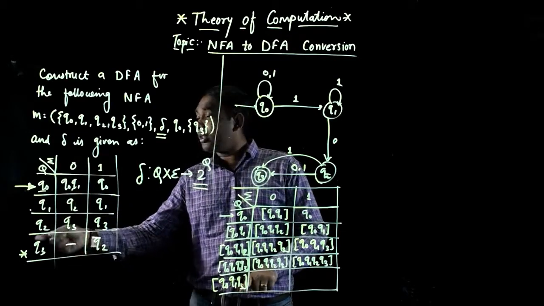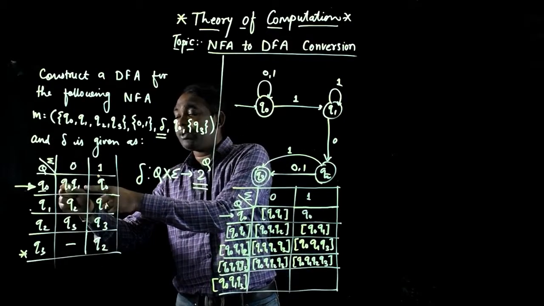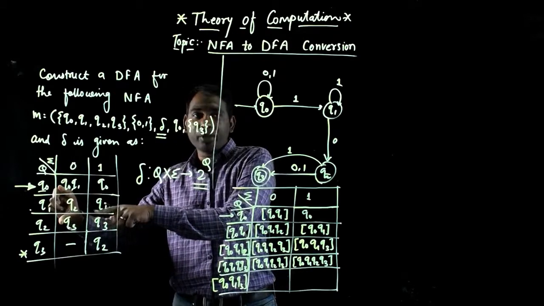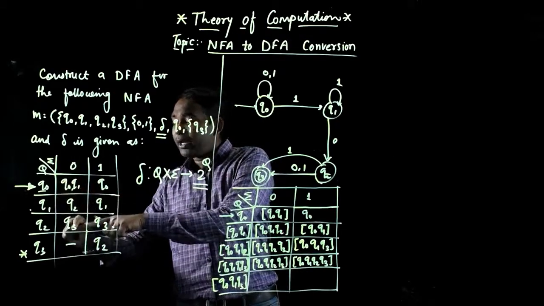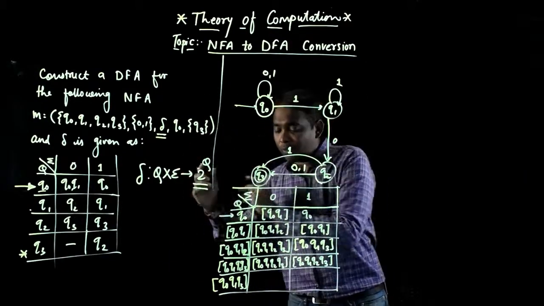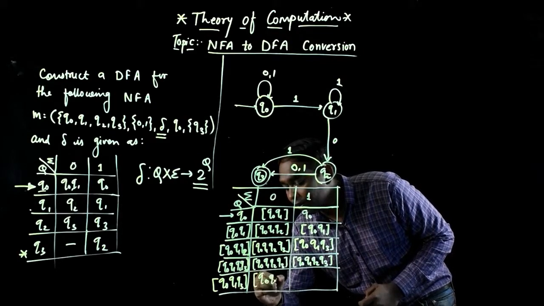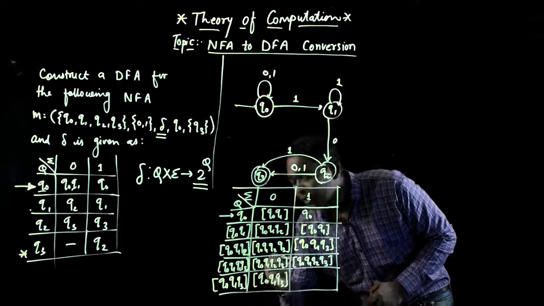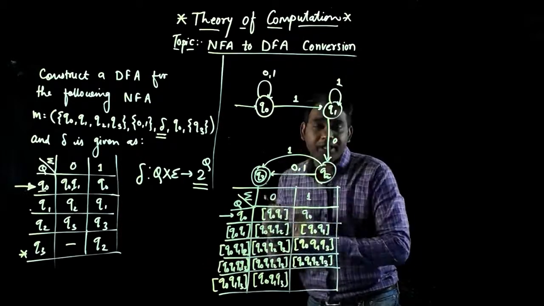And from Q3 on 0 there is no transition. So I need to club these together. I need to perform the union operation of these. Q0, Q1 union Q3 is Q0, Q1, Q3. So Q0, Q1, Q3 is my next state on 0 from this state, right?